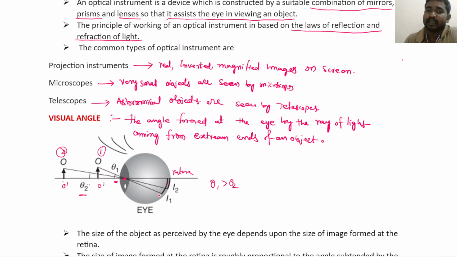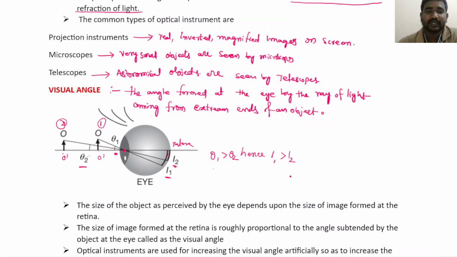In the first case, the length of the image formed on the retina is I1, and in the second case it is I2. If the visual angle in the first case is greater compared with the second, hence the image perceived by the eye in the first case is greater compared with the second case. If the visual angle is greater, then the size of the image perceived by the eye is also greater.